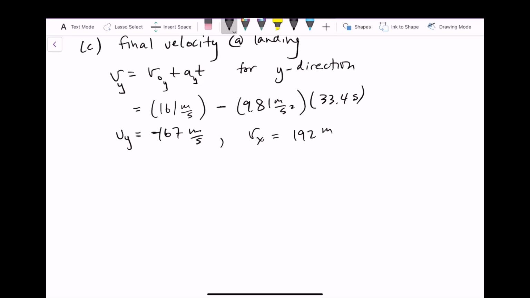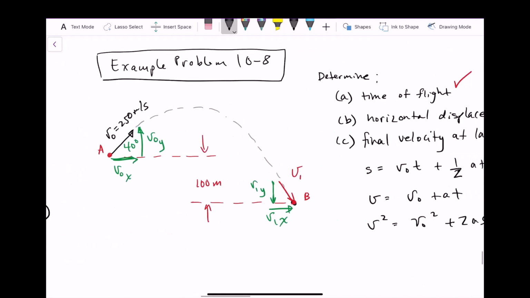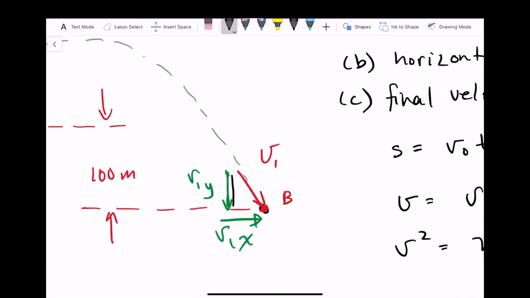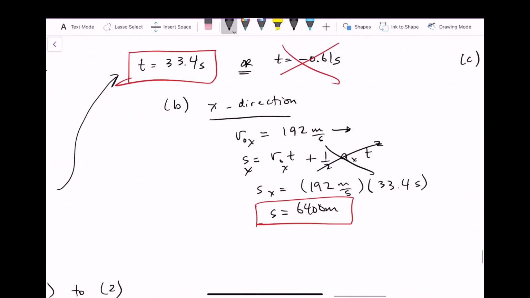192 meters per second. And since these form the basis for a triangle, if we go all the way back, here is the triangle right here. We have an x, we have a y, so in order to figure out the final velocity, we just need to use the Pythagorean theorem because it is a right angle triangle.